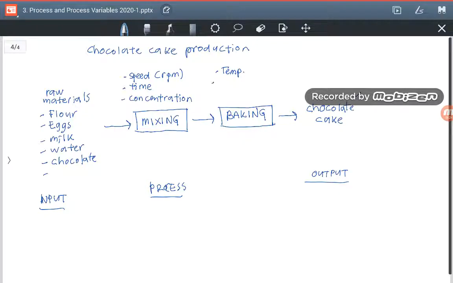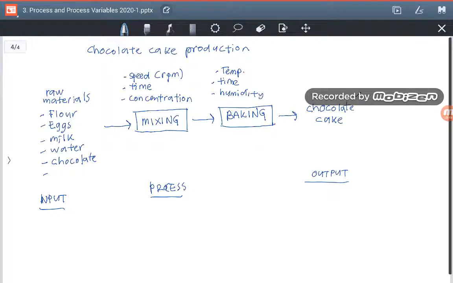And then what are the other process variables? Time, maybe how long you want to do the baking. 15 minutes, is it enough to bake a cake? 30 minutes? And sometimes it's related to the temperature of the oven. And last, another process variable that might be included is humidity.